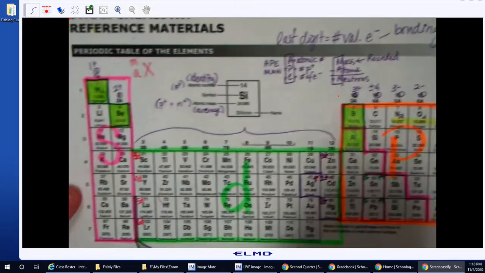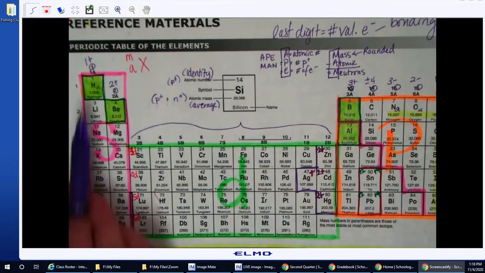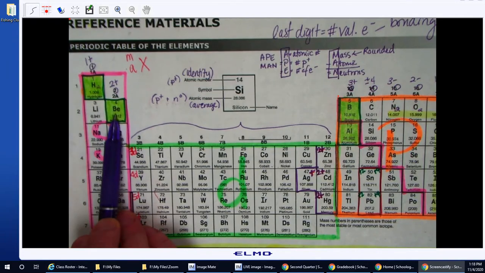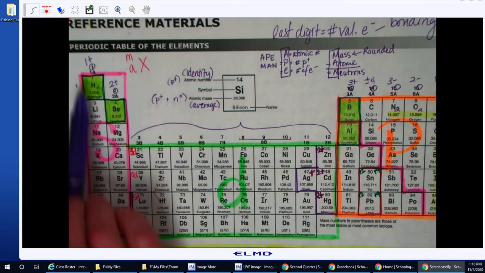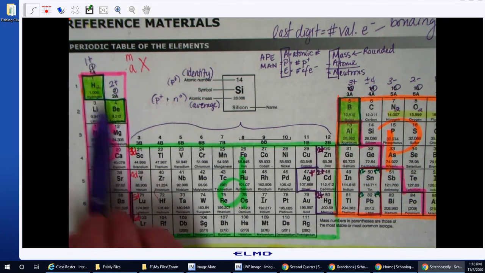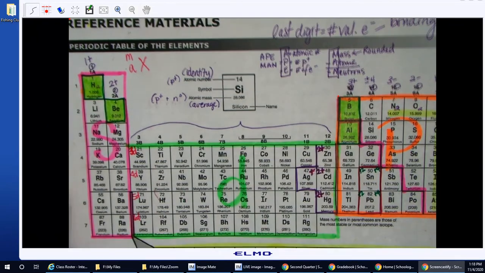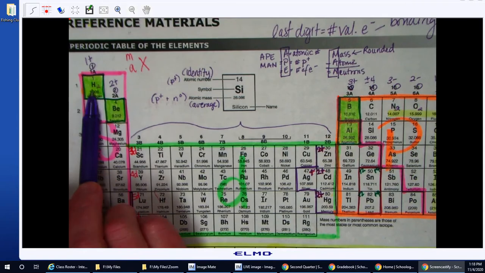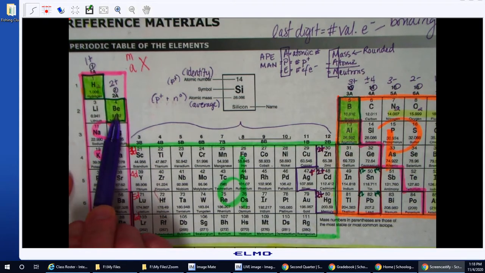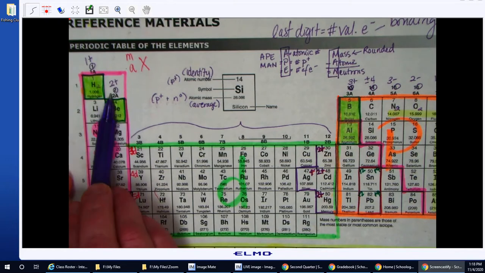So an octet is not always 8. So I have this little trick. I actually like it, kind of visualizing it. Hydrogen, beryllium, boron, and aluminum. And notice it's kind of this little stair. Step, step, step, step, right? We've got these stairs or these jumps. So hydrogen has 1, double that, it's 2. Beryllium has 2, and again, where am I getting the 2? Because it's in group 2.